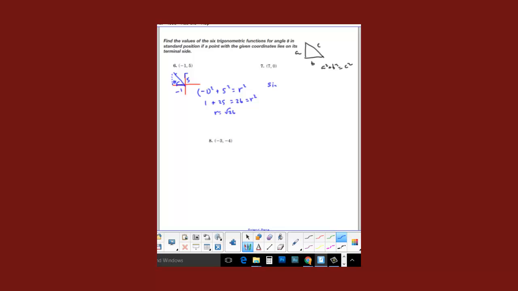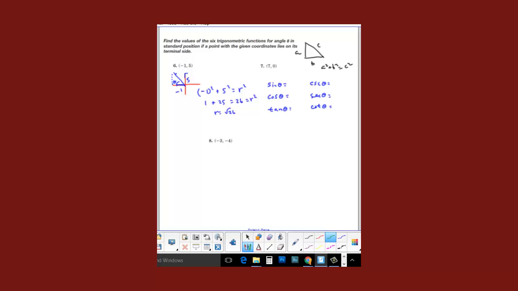So sine is going to be opposite over hypotenuse, which is 5 over root 26, which has to be rationalized. Cosine is going to be -1 over root 26, which has to be rationalized. And tangent is going to be 5 over -1, or just -5. And then we do the same thing for the cofunctions.